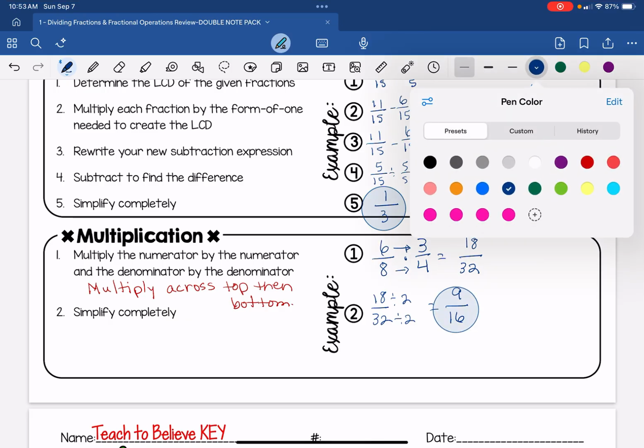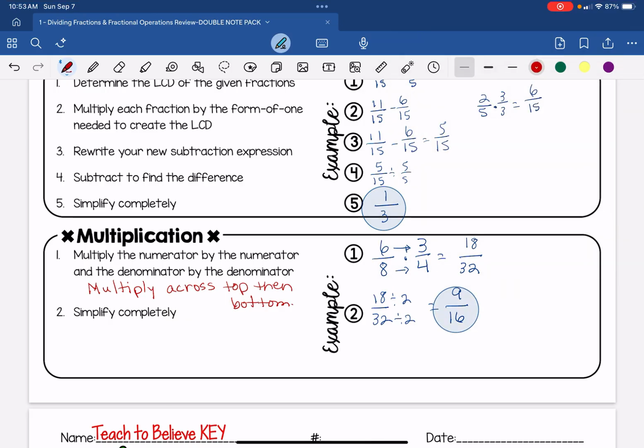One thing you want to remember, so we're going to put a little note over here, is that if you are multiplying a whole number by a fraction, the whole number always has a denominator of 1.